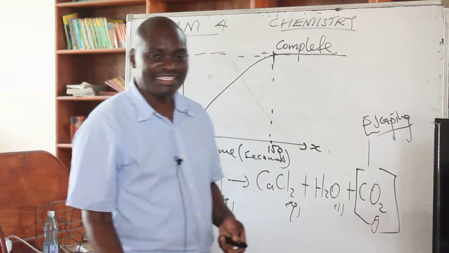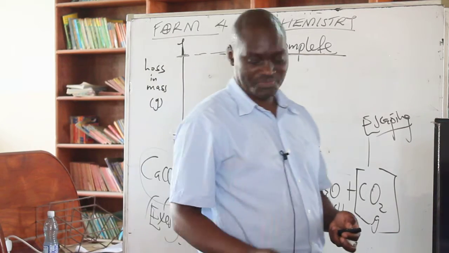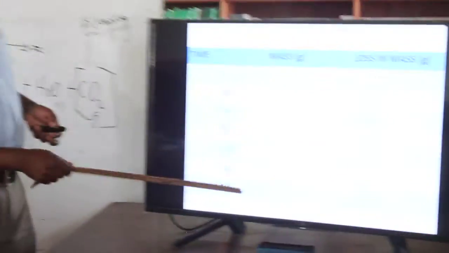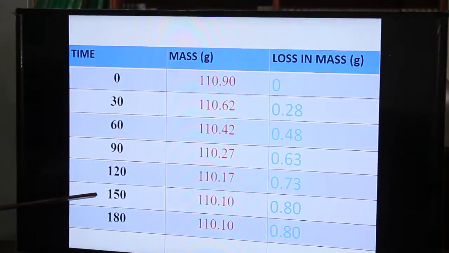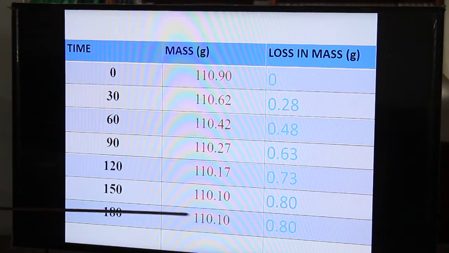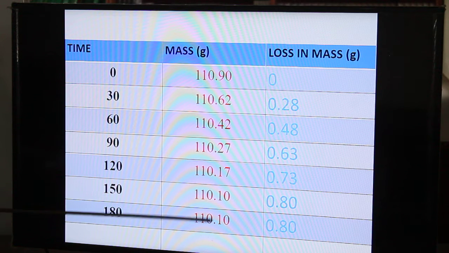And if you come back to the table, you'll realize that the mass remained the same, 110 after 150 seconds and 110 after 180 seconds. There was no change in mass, there was no loss in mass. So that is the reason.